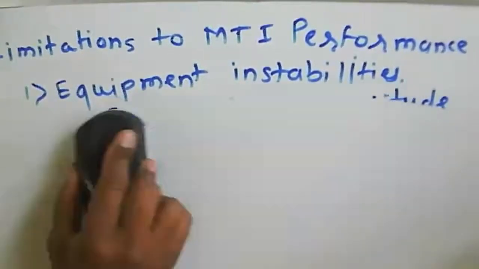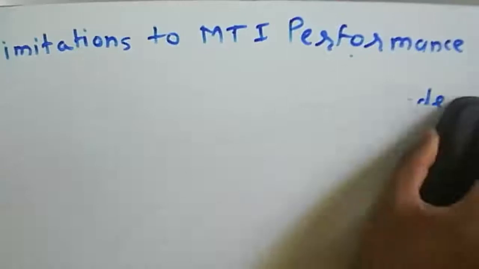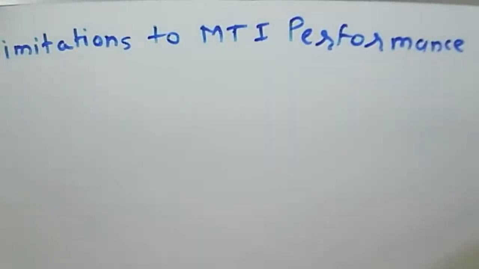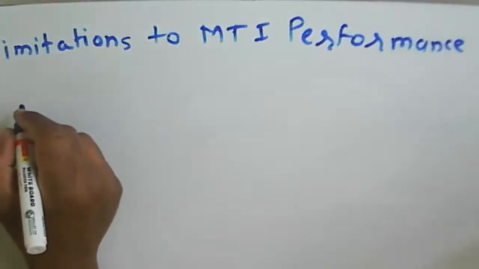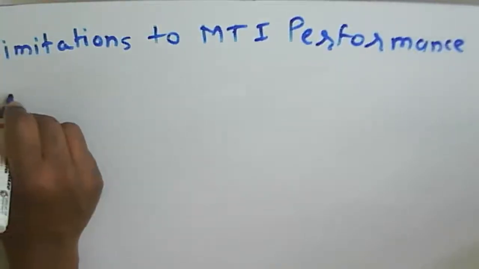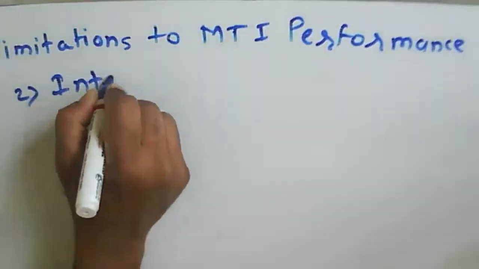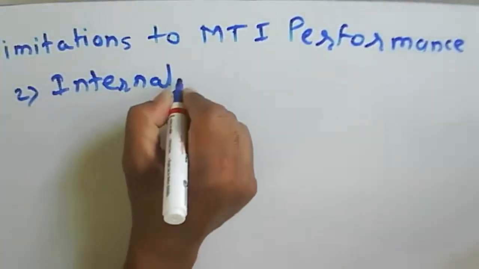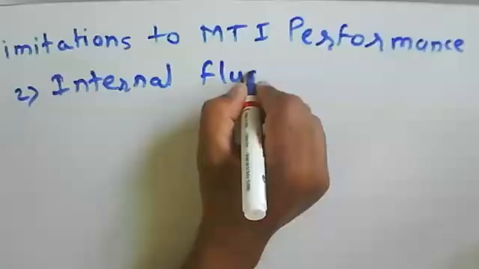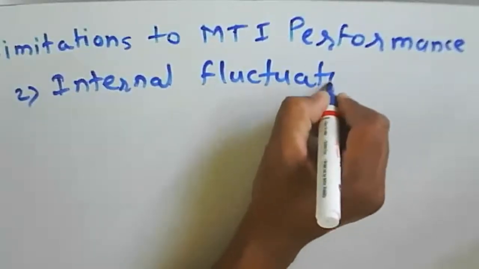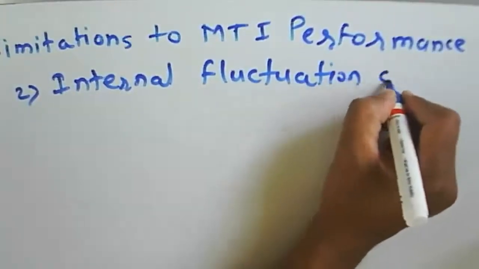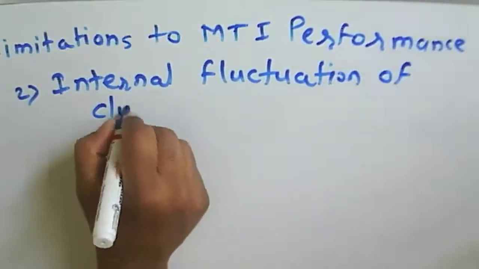Now next we consider another factor, that is the clutter, the internal fluctuations of a clutter. This is the second one: internal fluctuation of a clutter.